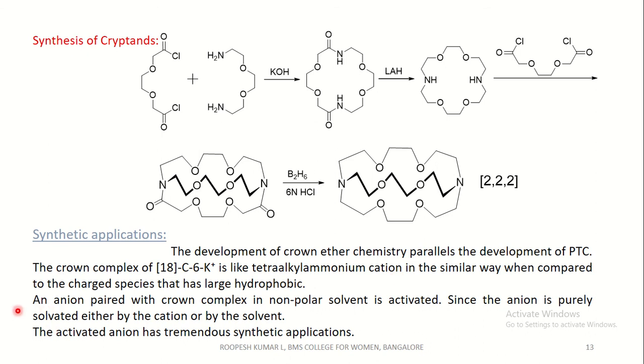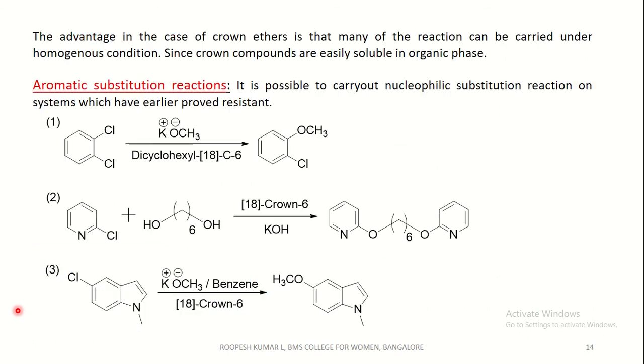An anion paired with a crown complex in a polar solvent is activated since the anion is poorly solvated, either by the cation or by the solvent. This activated anion has tremendous synthetic applications.